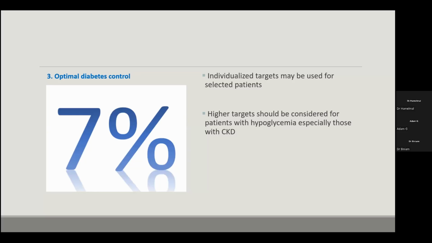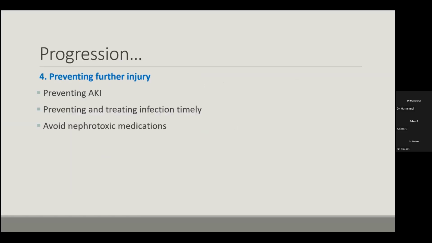Are they at high risk of hypoglycemia? Do they have other abnormalities, hypoglycemia unawareness, old age? These patients should have higher targets, but generally, to delay progression of CKD in most patients, A1C of close to 7 is recommended.